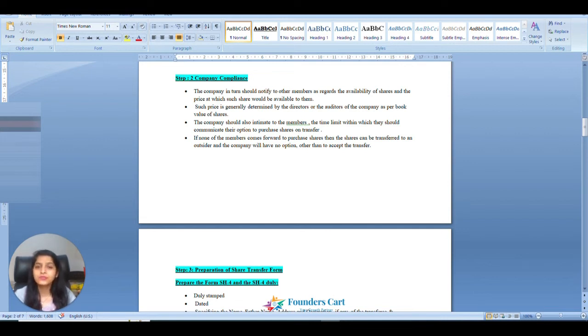The company should also intimate the members of the time limit within which they should communicate their reply, because it is a time-bound process. If none of the members comes forward to purchase the shares, then the person who wants to transfer his shares will offer the shares to an outsider.